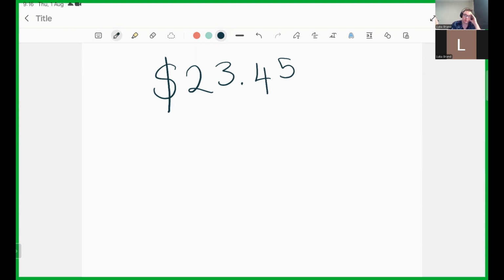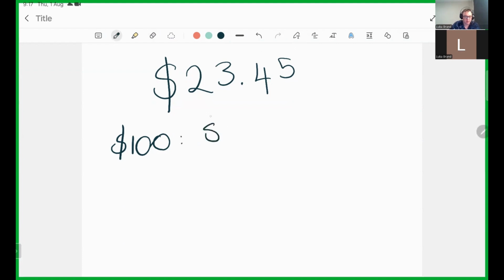So, the first run through is that we only have $100 notes. So, if we're rounding to the nearest $100 note, nearest 100, this number here, should we round to 100 or 0? You'd be right that we're going to round to 0, because $23 is closer to 0 than 100.